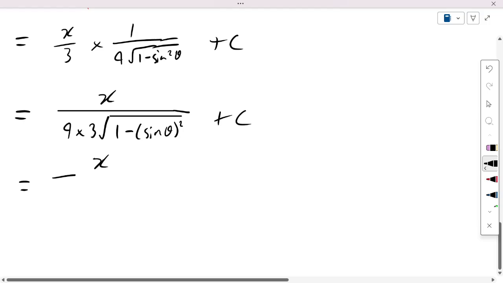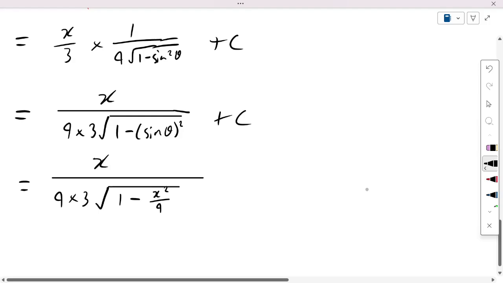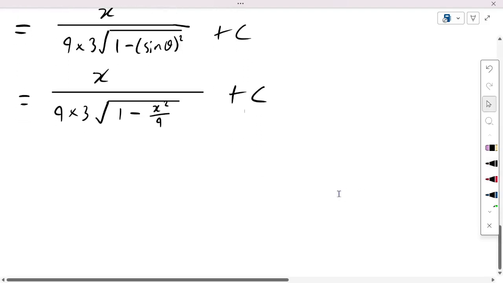So we have x divided by 9 multiplied by 3 into the square root of 1 minus, now x divided by 3 all squared is just going to give us an answer of x squared divided by 9. Okay, we have x squared divided by 9, and then this is going to be plus c. Now we have everything in terms of x.